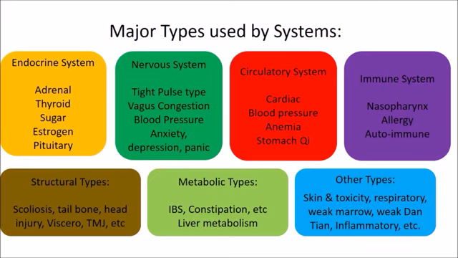The nervous system types, which tend to be extremely prevalent, include the blood pressure disorder type, which is both circulatory and can be a nervous system type, the insomnia, the anxiety, depression, panic attack, and worry types, the vagus nerve congestion type, which is also a structural type, etc., etc. Structural imbalance types include things like tailbone injury, head injury, people with TMJ, a tight SCM, tight scalenes, the visceroptosis type, where the organs are falling onto the inguinal ligament, the scoliosis type, the person who has a twisting syndrome around GB26, and many other types.